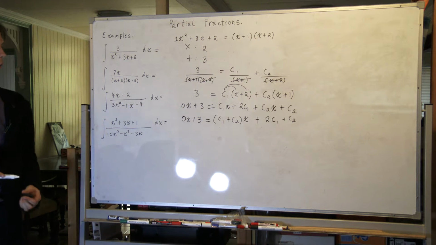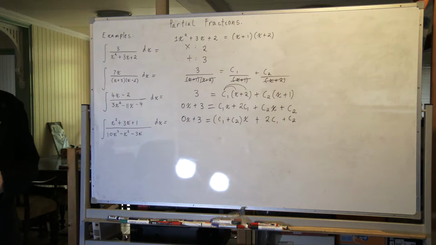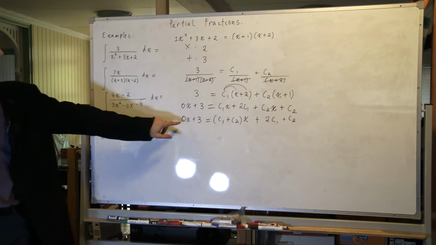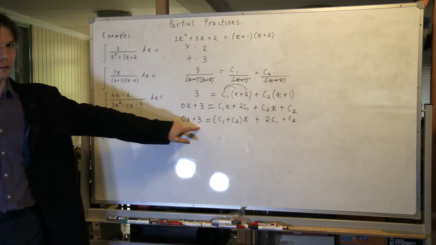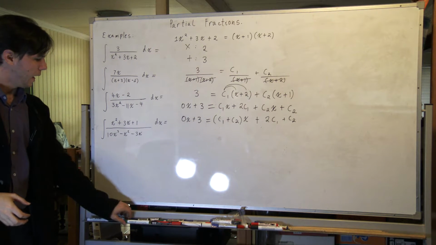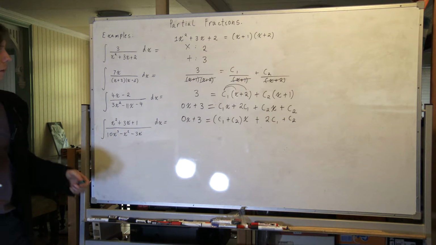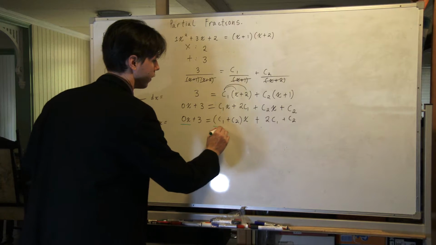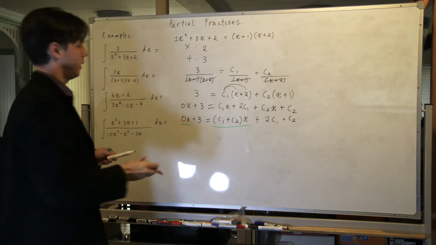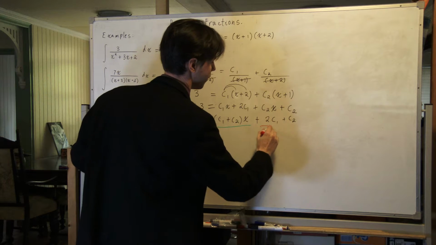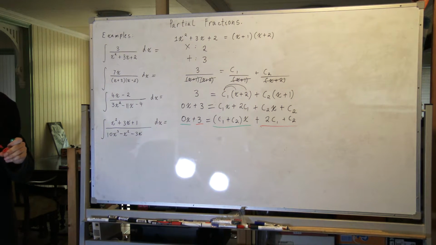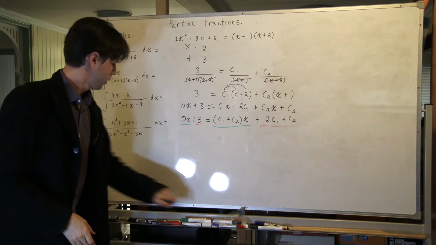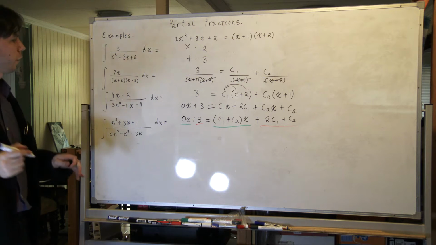Now, on the left and the right-hand side, I have polynomials. They have first-degree terms and constant terms, and those two degrees are separate from each other. So the x stuff and the constant stuff, those things are equal. So I'll do the x stuff first.